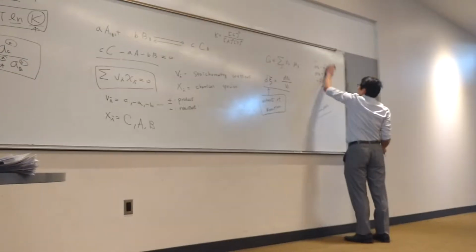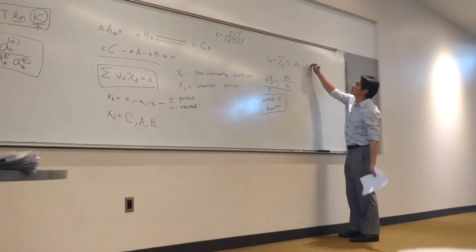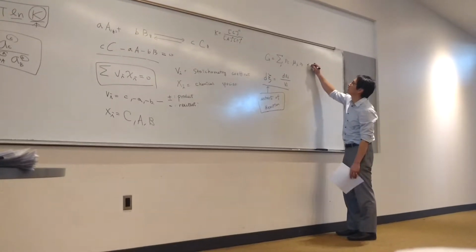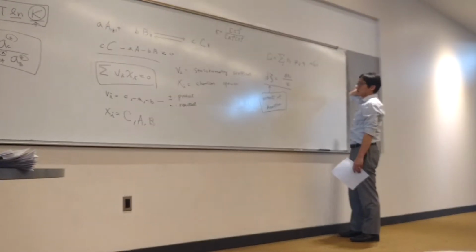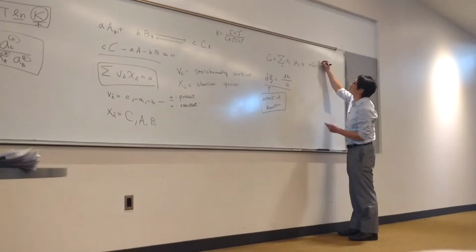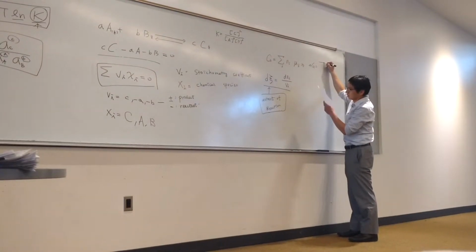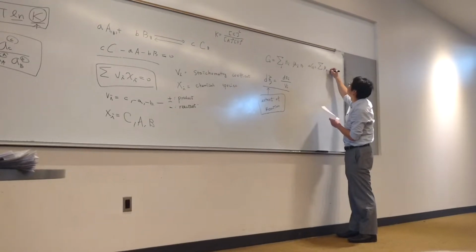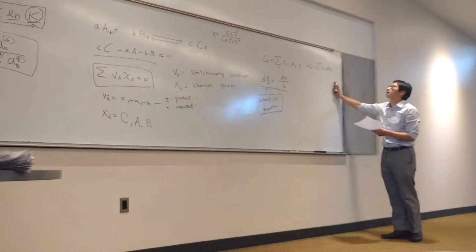Then we can start to calculate the delta G. You know the G is written in this way, right? Then the delta G will equal your summation mu i dn i.